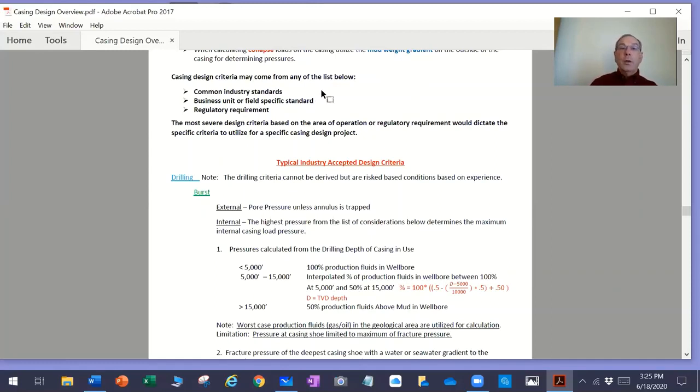And then you also could have a regulatory requirement standard that is greater than the industry standard. So whichever is the most severe design criteria is what's going to control and dictate the specific criteria that you would utilize for a specific casing design project.